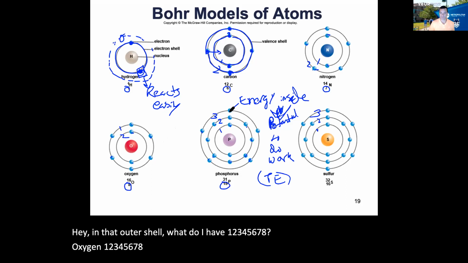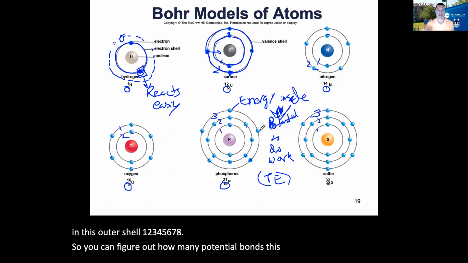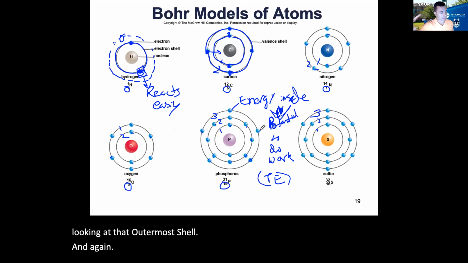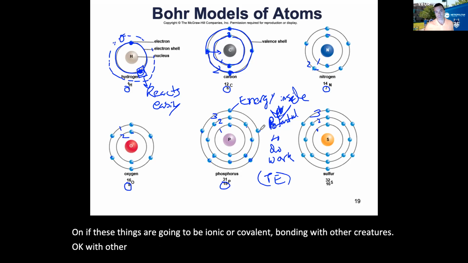You can figure out how many potential bonds this thing can have just by looking at that outermost shell. And again, that will give you a pretty good idea if these things are going to be ionic or covalent type bonding with other atoms, with other elements.